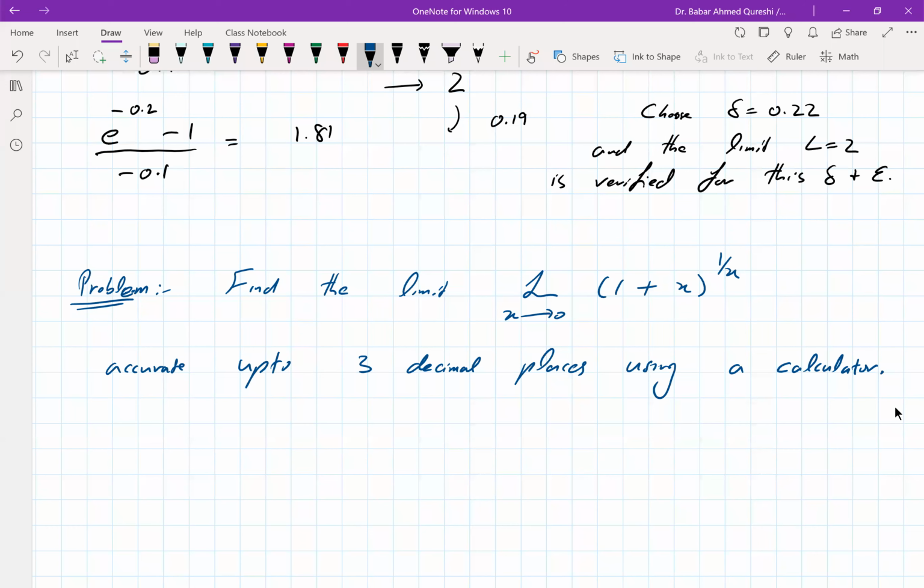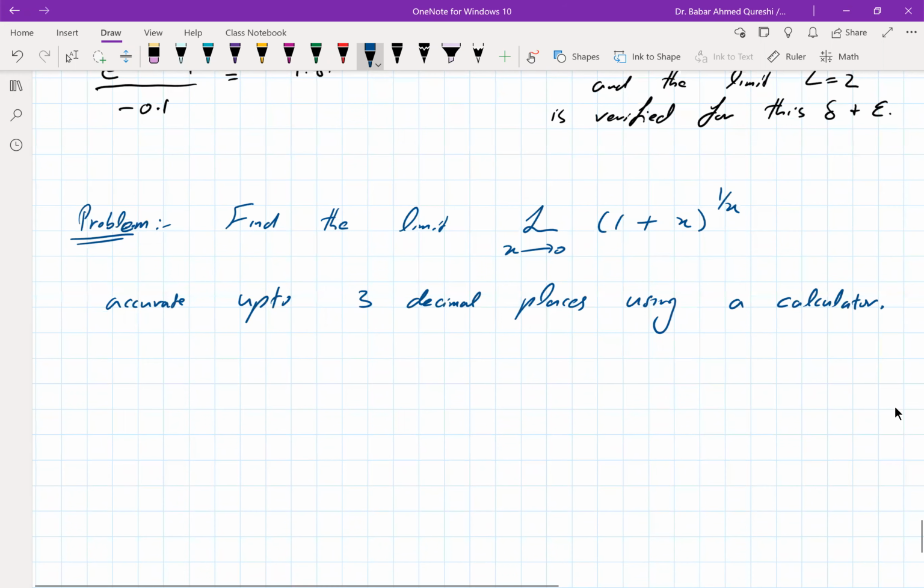Well, first of all, we will have to believe that the limit exists, because when we do things with a calculator, we might believe that we are getting a limit and it may not really be a limit. But let's just assume that the limit is something over there.